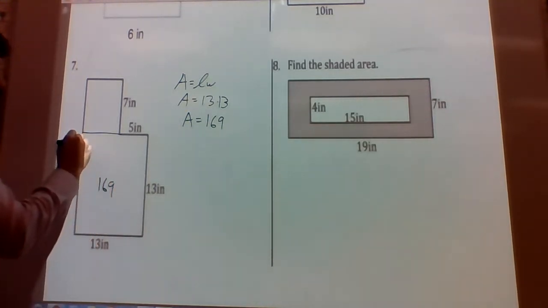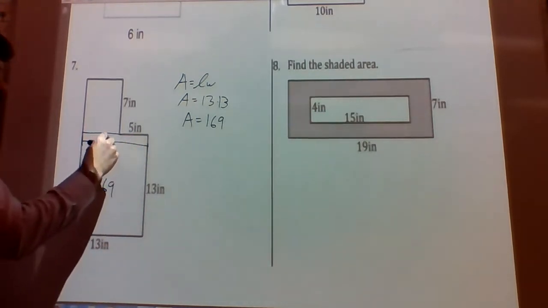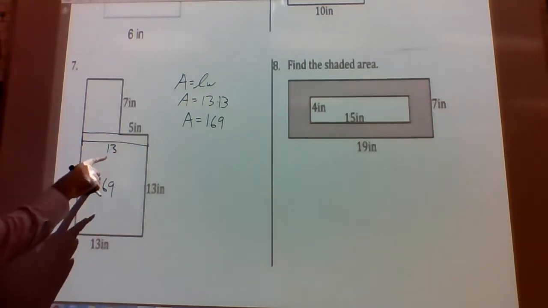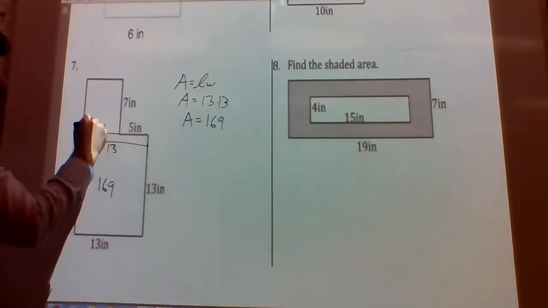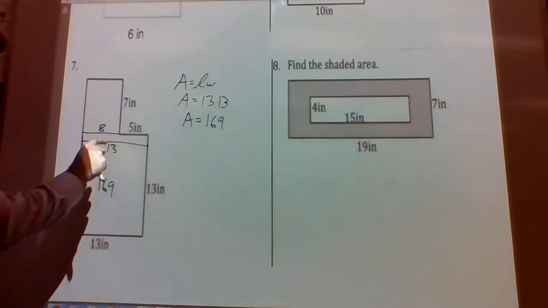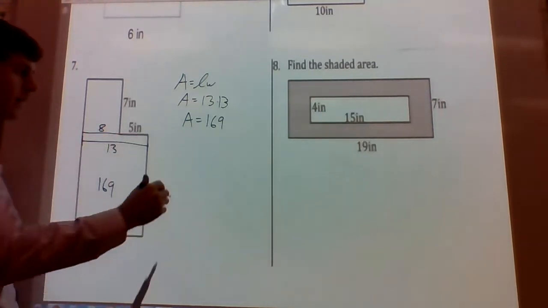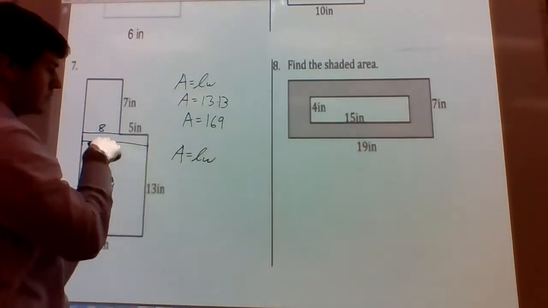We know that this distance right here is 13. So we can do 13 minus 5 to give us 8. And these two pieces have to add up to 13. We can find the area of the smaller rectangle. Area is length times width.